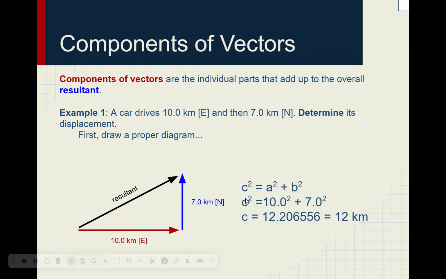Now the part that gets a little bit kind of iffy is, what am I going to say about the direction? Because I can't just say something generic like northeast. If I say that in physics, it means that it's exactly 45 degrees between north and east, and this isn't. But I am going to be looking for this angle right in here.